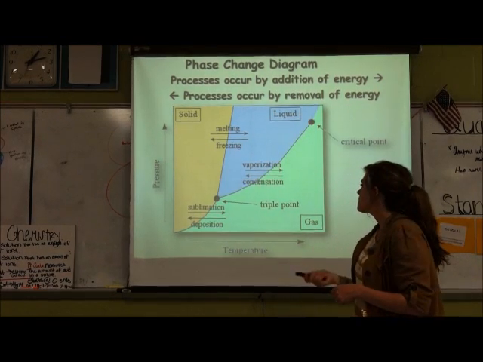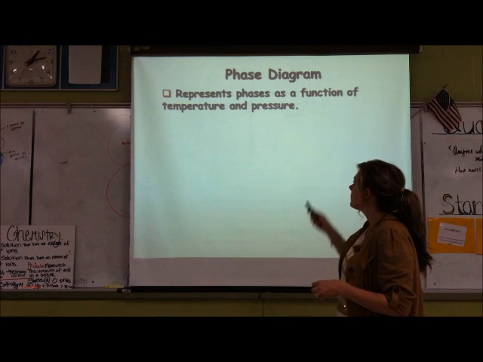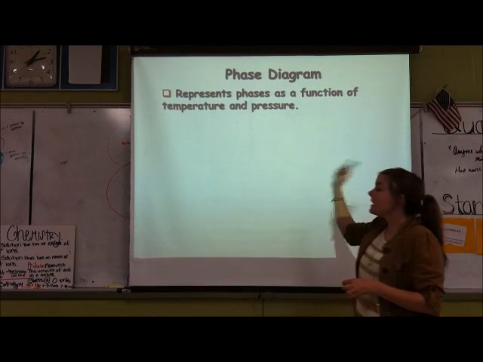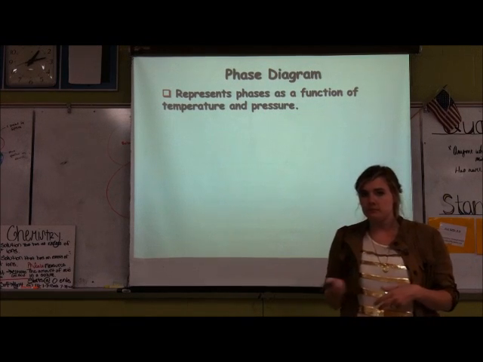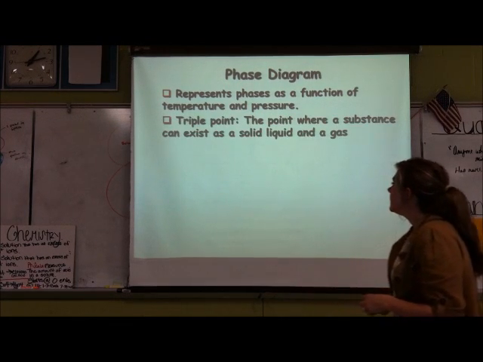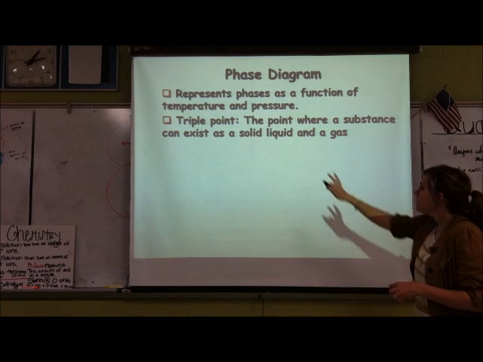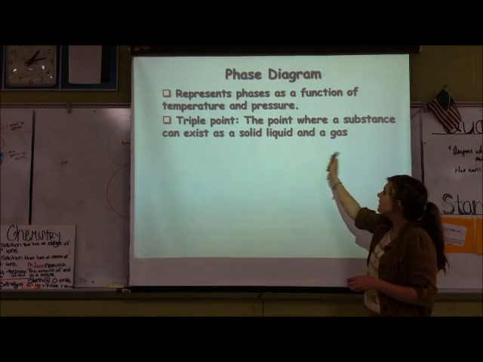Let's talk about some of these things. A phase diagram represents phases or phase changes as a function of temperature and pressure. Your triple point is where your substance can exist as a solid, liquid, and a gas.